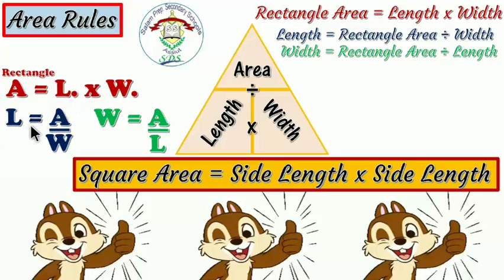Length equals rectangle area divided by width. Width equals rectangle area divided by length. Square area equals side length times side length.